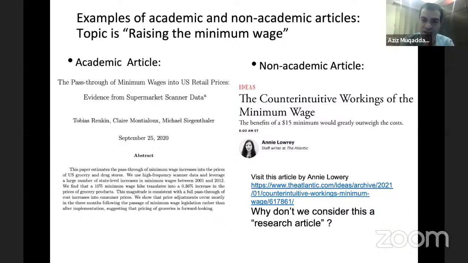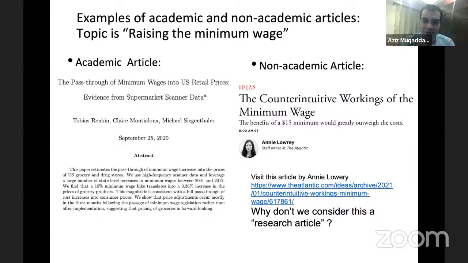So remember what I said, academic research articles collect data themselves. So this is one example. We are looking at actual raw data. And from that raw data, they run their own statistical analysis.